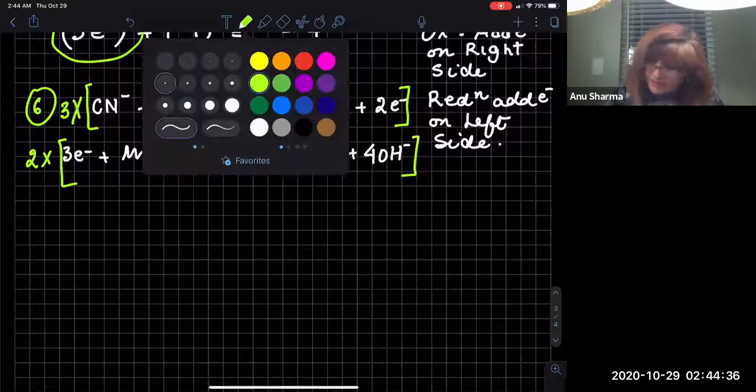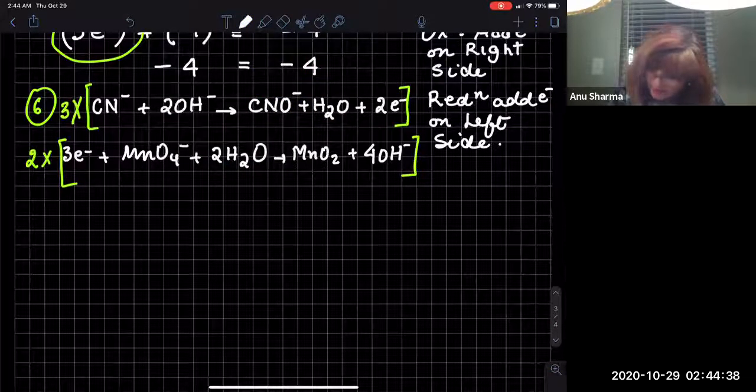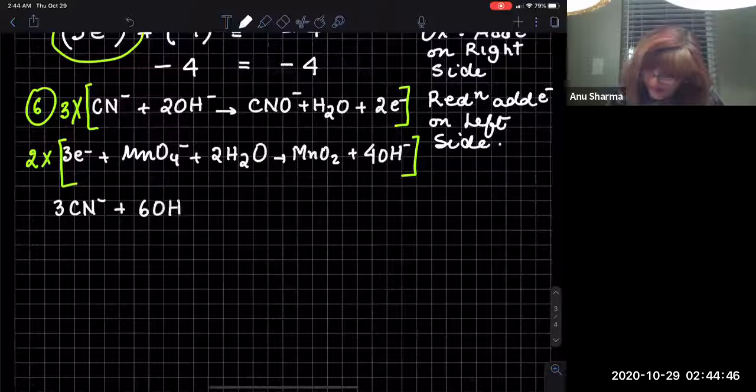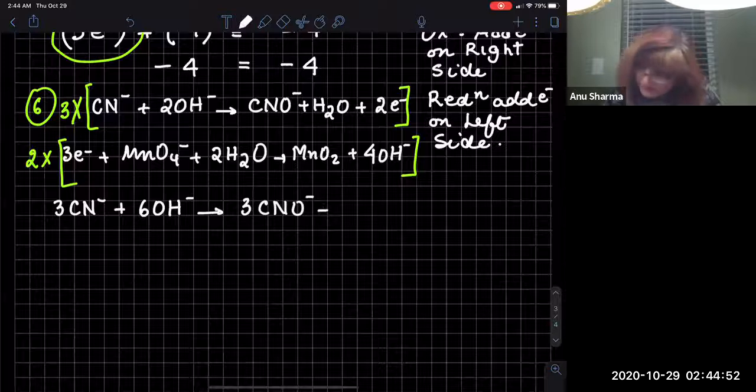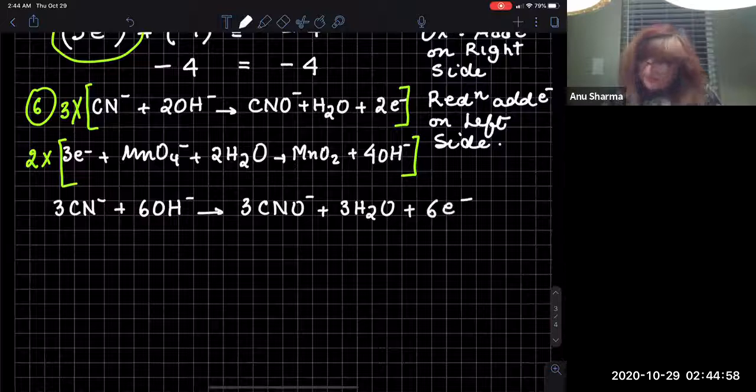This gives you another set, which is 3 CN negative plus 6 OH negative gives you 3 CNO negative plus 3 H2O and 6 electrons. Okay, that's one set.